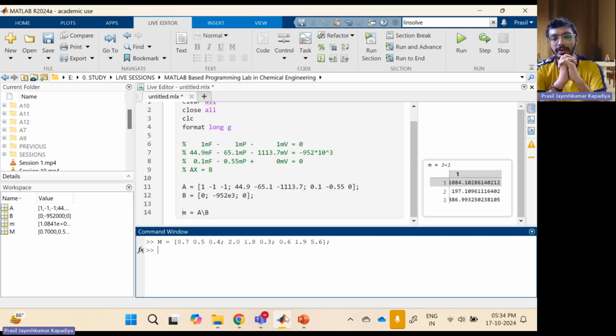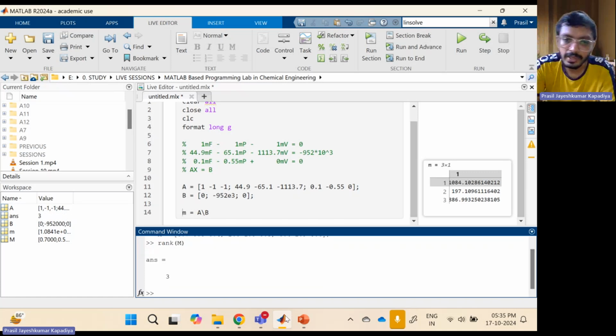So if I want to calculate rank, what is that inbuilt function? That is rank only. If I write rank of M, it will give me the rank, which is coming out to be 3. Let's say I want to calculate the determinant. The MATLAB inbuilt function is det.